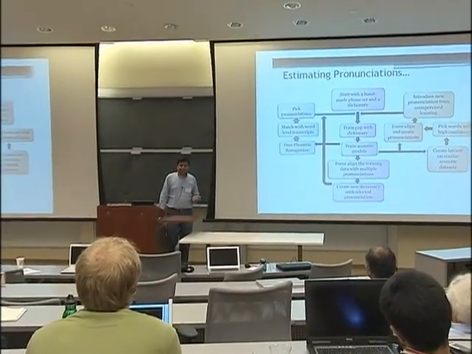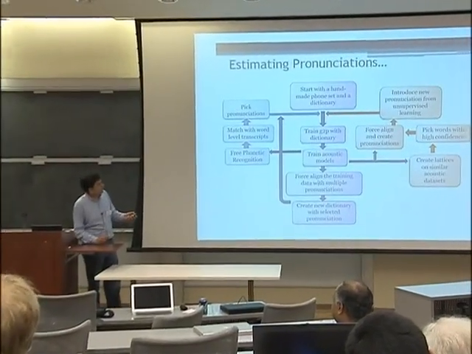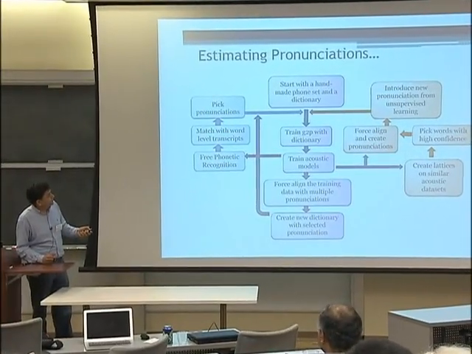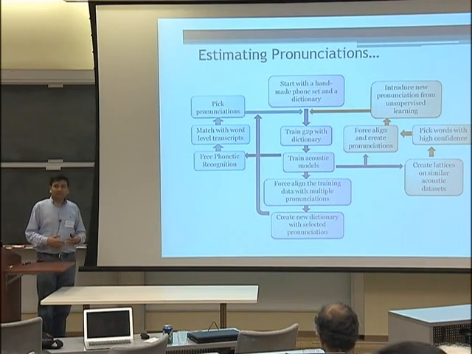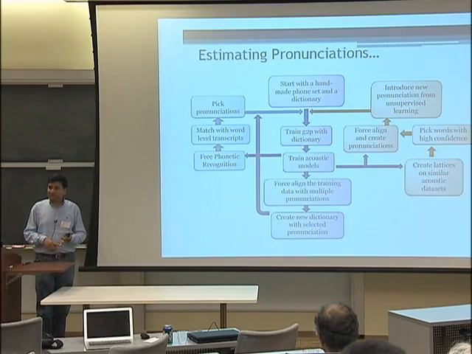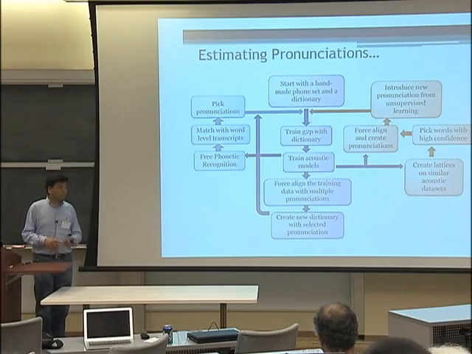So another idea that we would be exploring is unsupervised learning of the lexicon, where we have a lot of acoustic data for which we don't have the transcripts, and if we can use that somehow to add some additional words to our pronunciation dictionary.